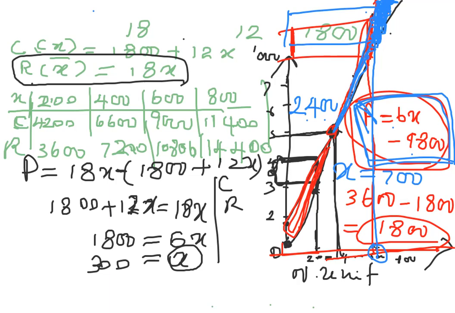That is equal to 2,400. After simplifying that, we get the answer, x equal to 700. So then we can give the answer for the question.